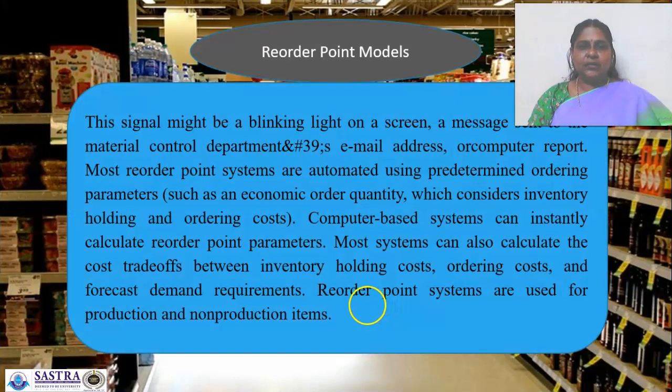This signal might be a blinking light on the screen, a message sent to the material control department, an email, or a computer report, etc. Most reorder point systems are automated using predetermined ordering parameters, such as an economic order quantity, which consider inventory holding and ordering cost.